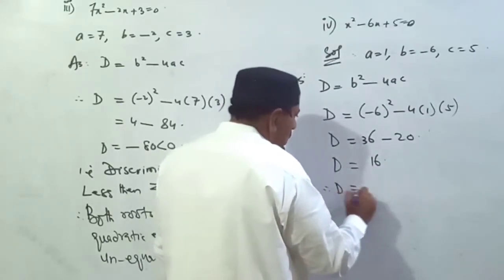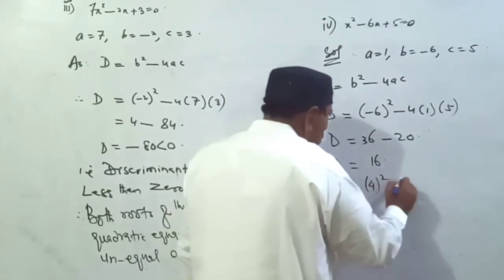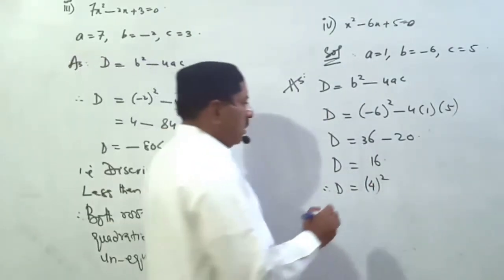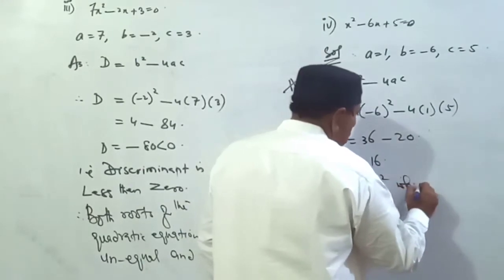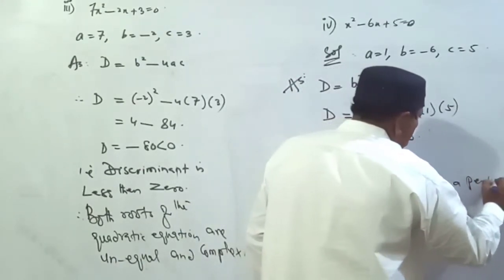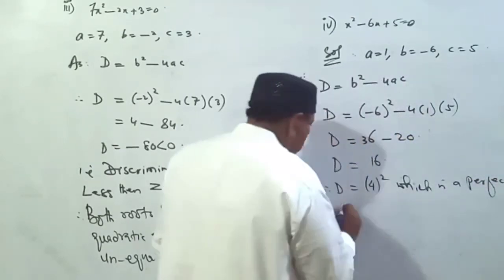Therefore D is equal to 4 whole square, which means the discriminant is a perfect square.